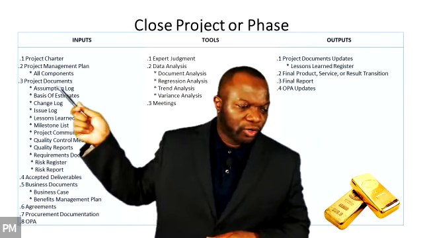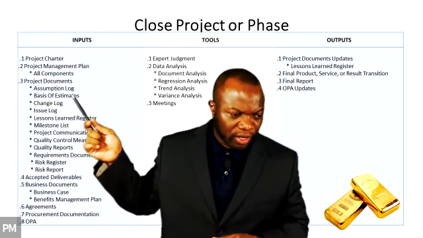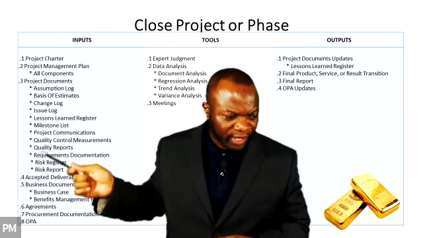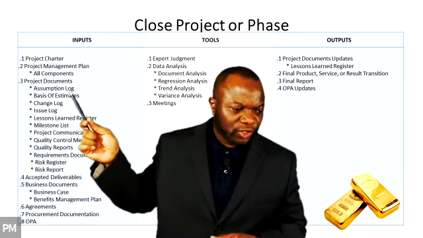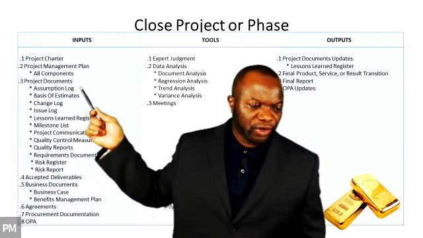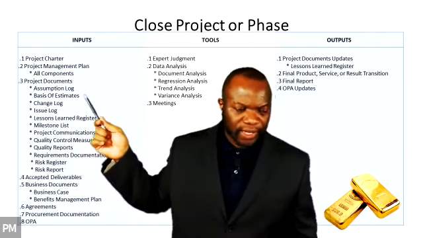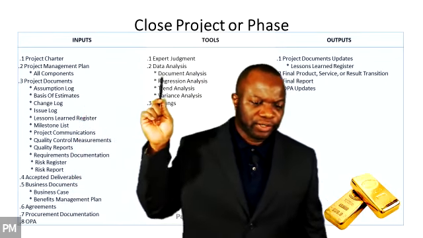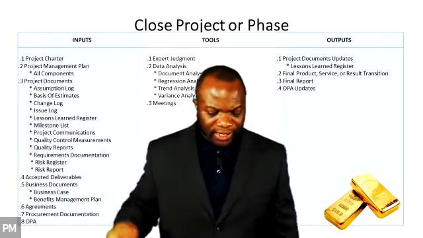So on your own, cover all the others. They're very straightforward. You know, all of these, assumption log, basis of estimates, all of these, you know what they're tied to? They're all tied in some way to this document analysis. You're going to do a document analysis of all of this stuff. Okay? Document analysis of all of these documents. Makes sense, doesn't it?